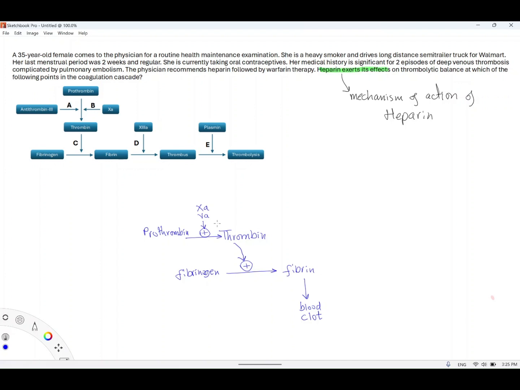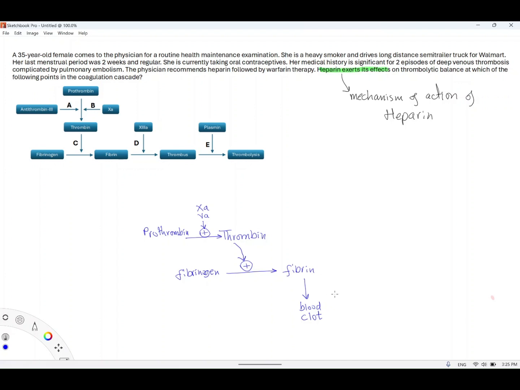I don't want to go over the whole cascade, but there are 2 pathways when it comes to clotting factor activation: extrinsic and intrinsic. Extrinsic starts from clotting factor 7, which can convert prothrombin to thrombin. Intrinsic is primarily based on 8, 9, and 10. So let's say 8 can convert prothrombin to thrombin. I'm giving you the main issues here.